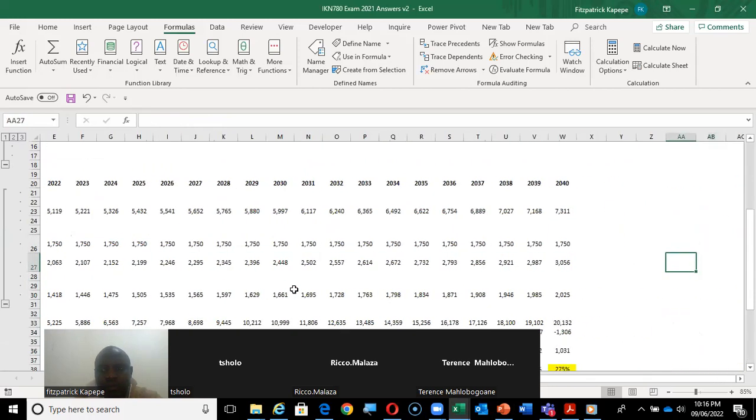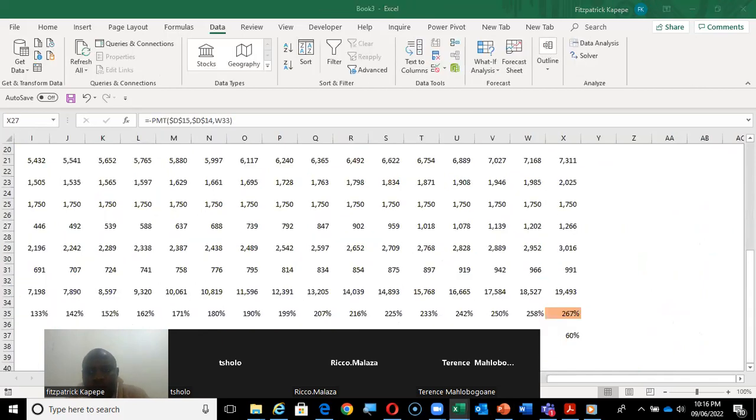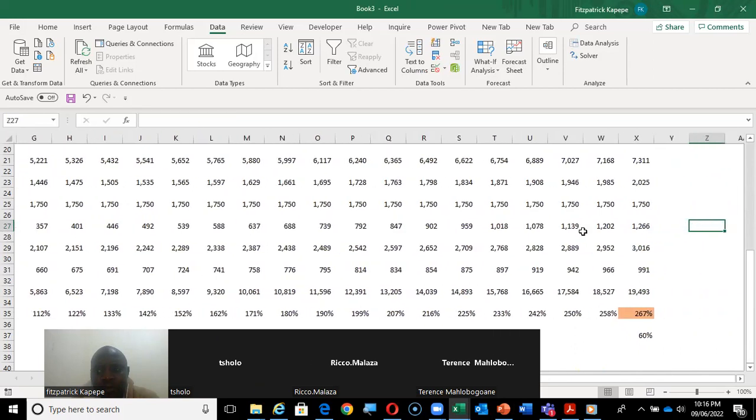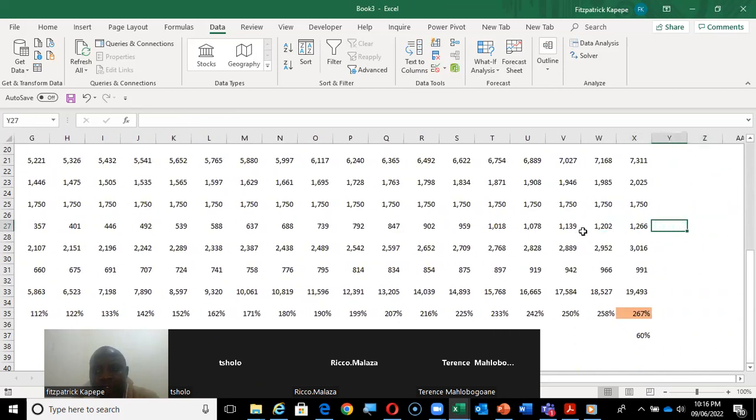We've got debt payments and debt repayments. Which one should you look for? For us we have just put it as debt service, because I think there was no distinction.